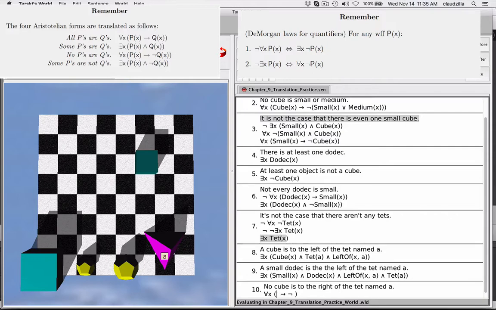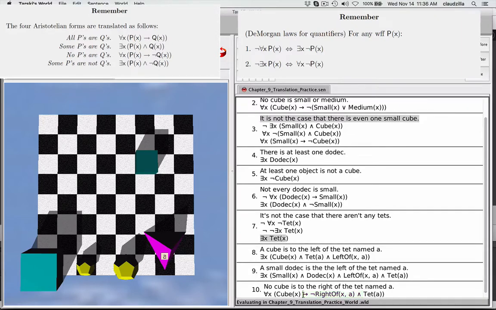We're talking about cubes and that which is to the right of the tet named A. So we've got right of A and tet A, close parentheses.